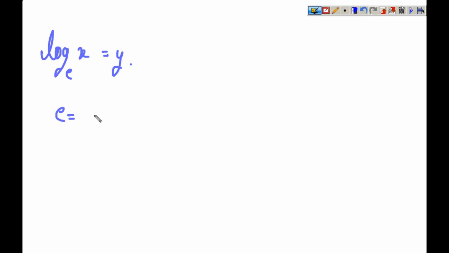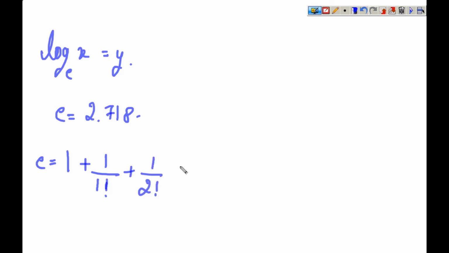The exact value of e is 2.718. Also, e equals the series 1 by 1 factorial plus 1 by 2 factorial and so on towards infinity. The series equates to 2.718. We'll use this in the next slides.